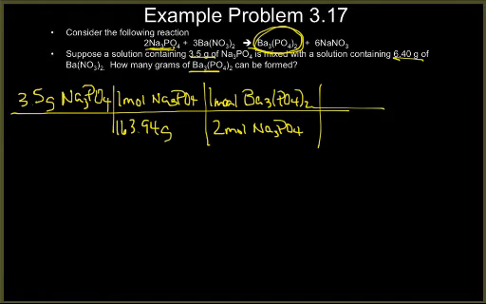And then my last step is to go back to grams of barium phosphate, my product. So 1 mole of that, the molar mass of that is 601.93 grams. So if I do all that, I can make 6.43 grams of barium phosphate.